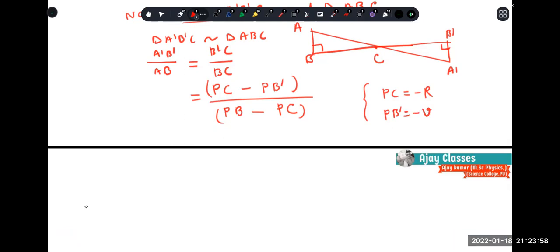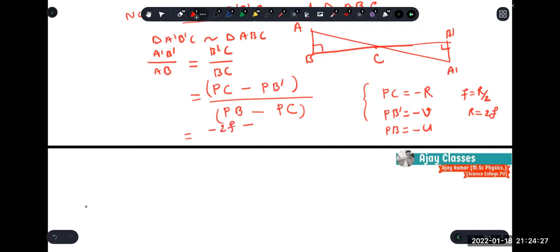Pole to B is the position of the object, minus U, and pole to C is minus R. We know that F is equal to R by 2, so we can write R as 2F. So directly we can put PC value as minus 2F, with PB' as minus V, divided by PB minus U with PC minus 2F.